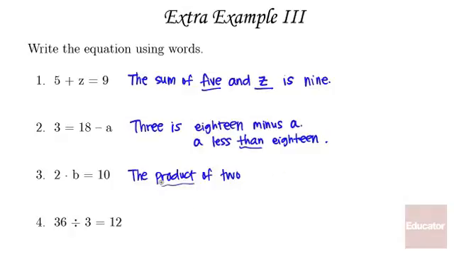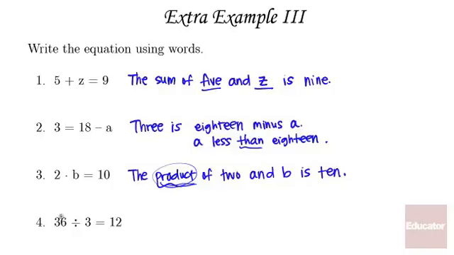You already used that word to show operation. So here, you're going to write and. So you're saying between this and b. This is 10. So the product of 2 and b is 10.